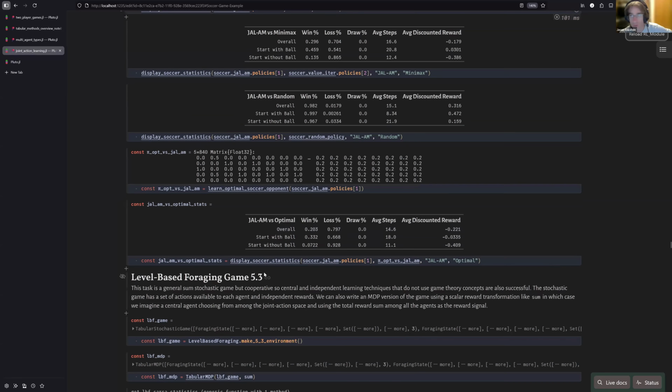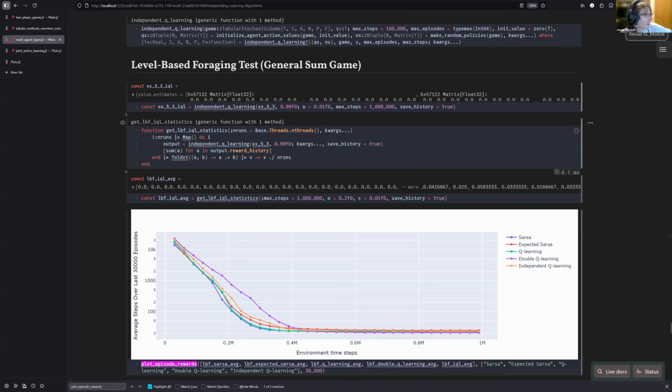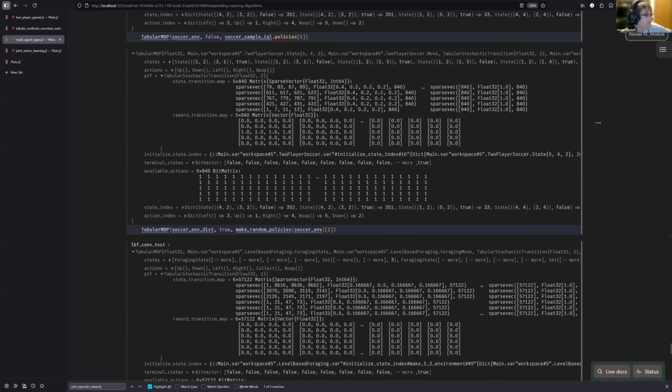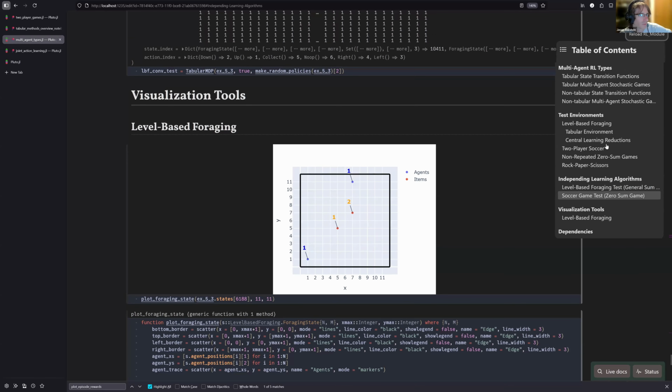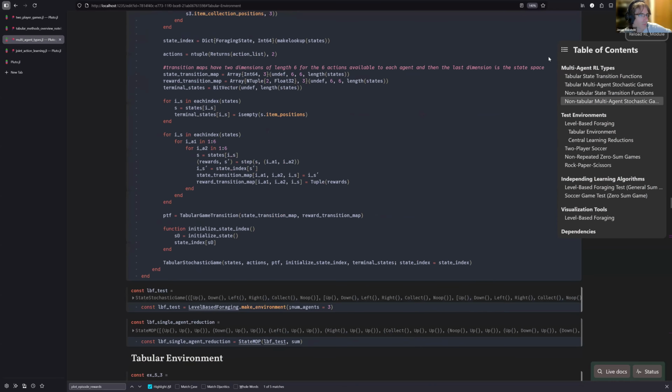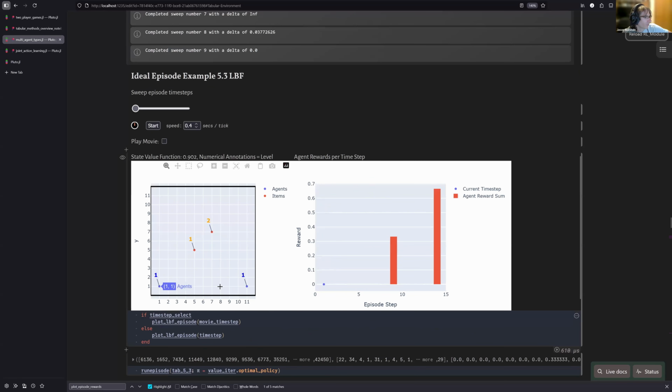Because we can apply this to general sum games, we can also look at the level-based foraging example we had before. This was the task where we had two agents and two items, and they're trying to collect an item, but they can only collect an item where their levels add up to the item level.